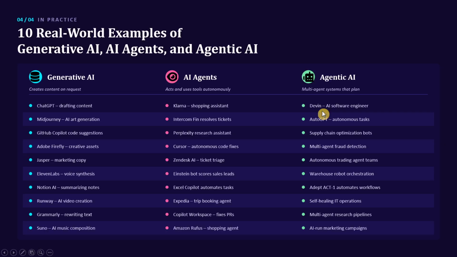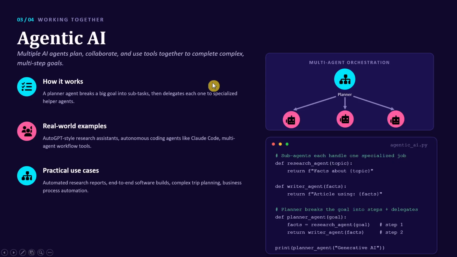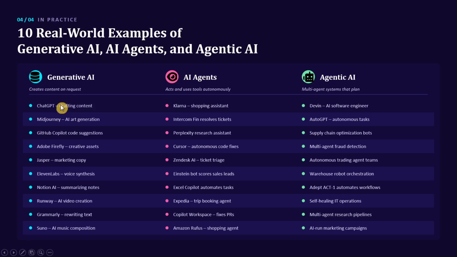These tasks are performed through agentic AI, where the big goal is broken down into subtasks, and each subtask is delegated to a specialized helper agent. I hope you have learned something good. So that's the difference: generative AI creates, AI agents act, and agentic AI orchestrates.